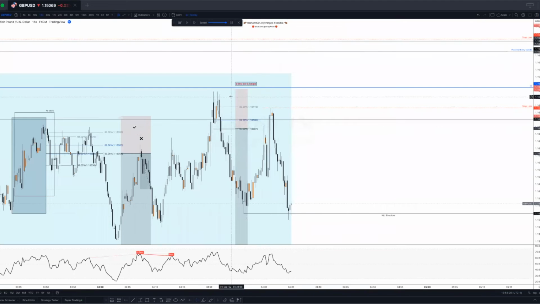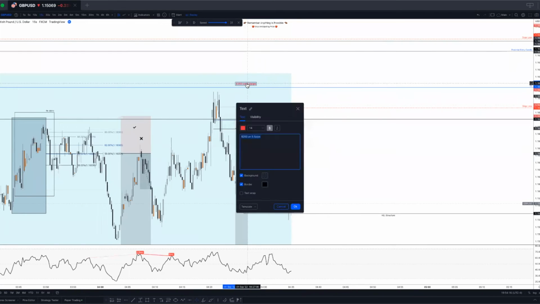Okay. And now bring it down to 2.9 pips. Let's see what that is. It's about $45.